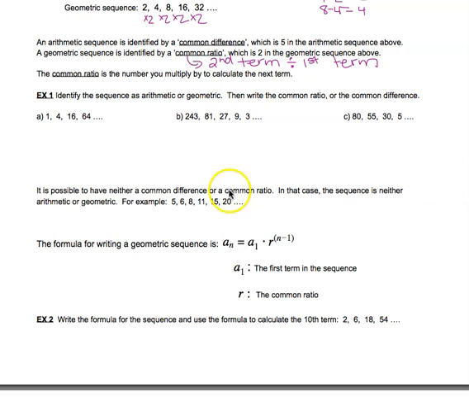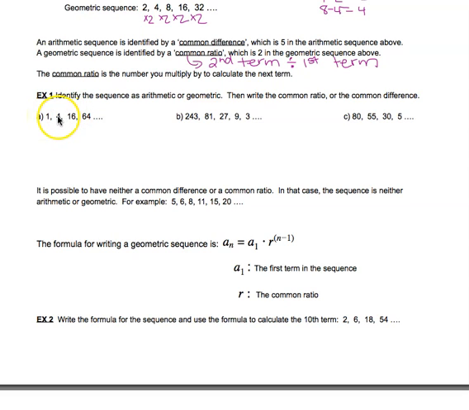So in example 1, we're going to identify whether the sequence is arithmetic or geometric, and then we'll write the common ratio or the common difference. So when we look here at letter A, when I do 4 minus 1, that gives me 3.